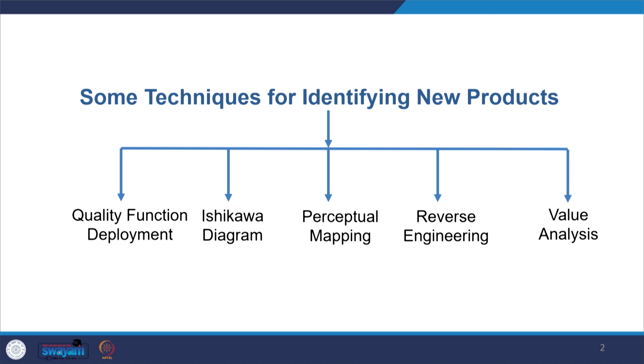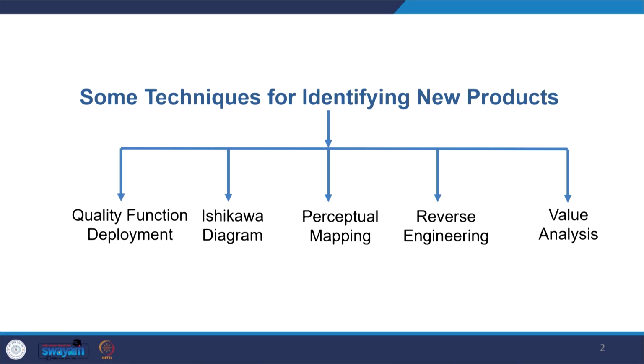Here we try to find out the voice of the customer, that means what the customer's requirement exactly is. If you do not understand that, sometimes by chance you may become successful, but most of the time we cannot say, and it is highly risky, because in case it fails, the chances of losses are very high.